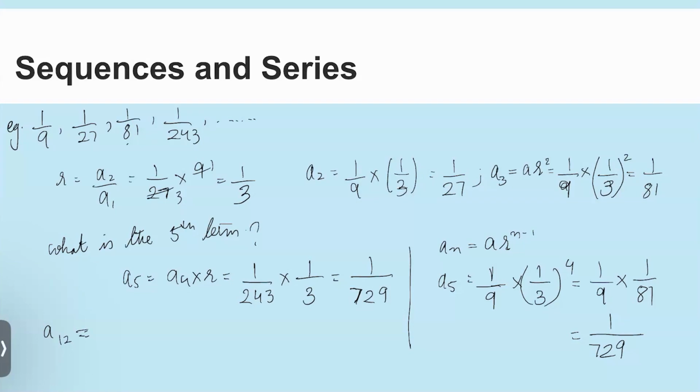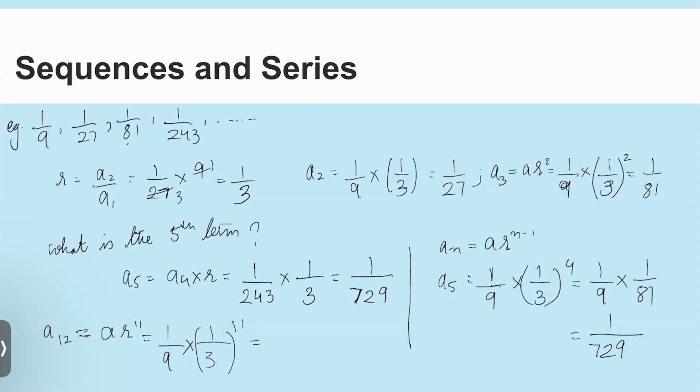So then in terms of A12, what we would have is your A R raised to n minus 1. So this would be 11. So that is 1 upon 9 multiplied by 1 upon 3 raised to 11.